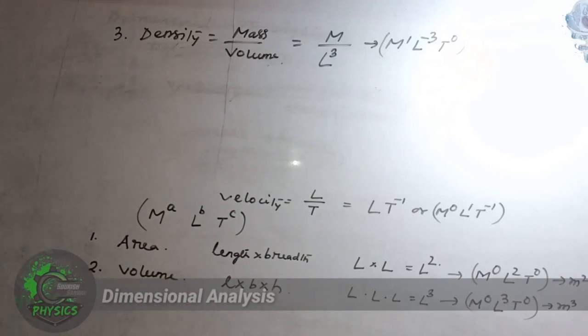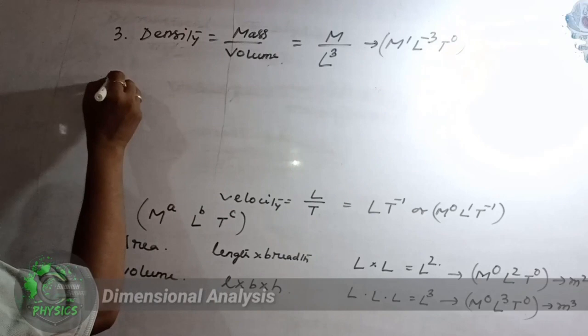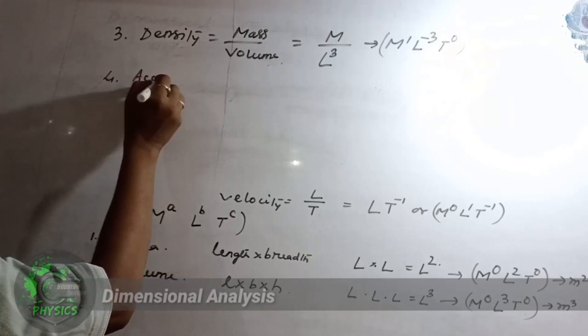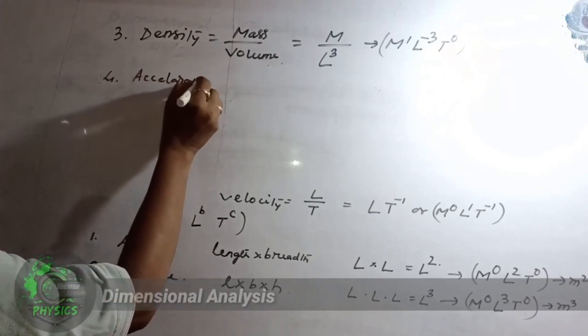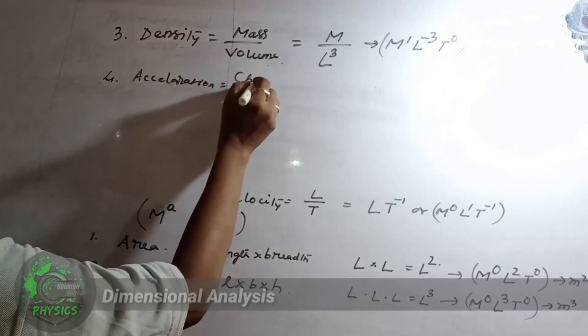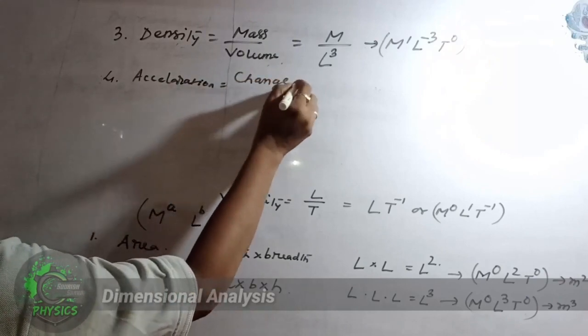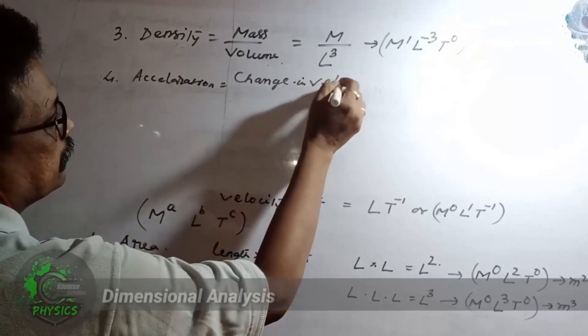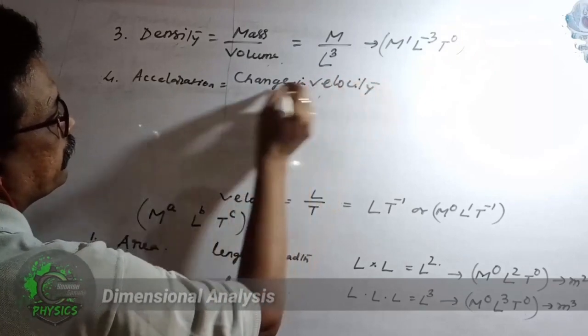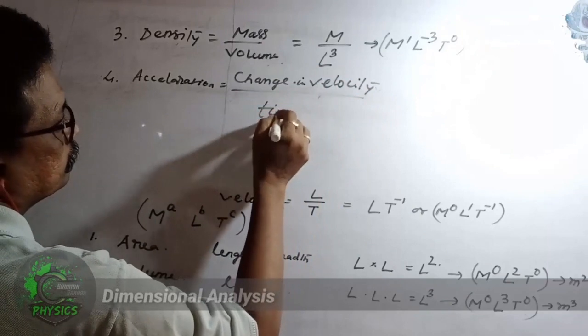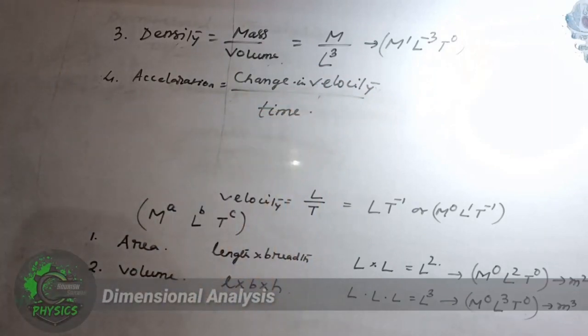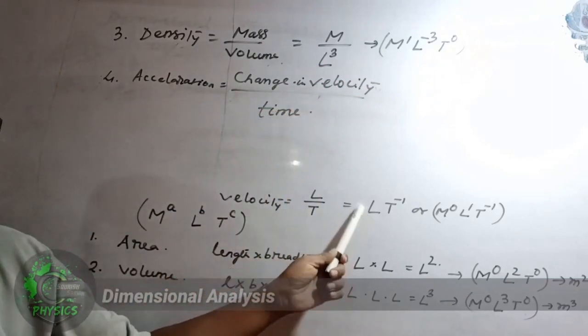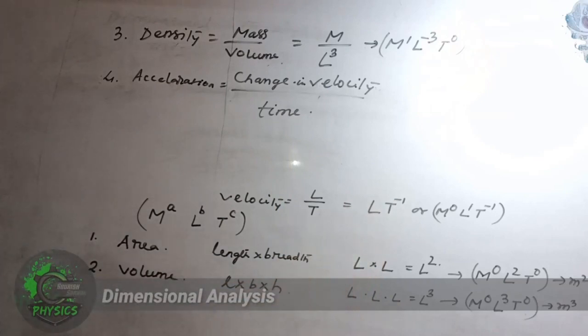Next, let us see acceleration. Acceleration is actually change in velocity divided by time. We know that the dimensional formula of velocity is L T to the power minus 1.